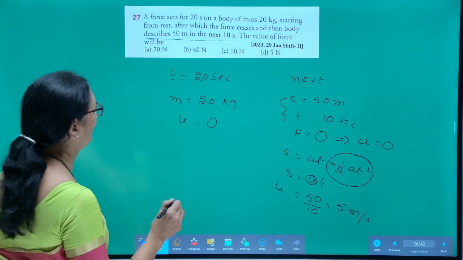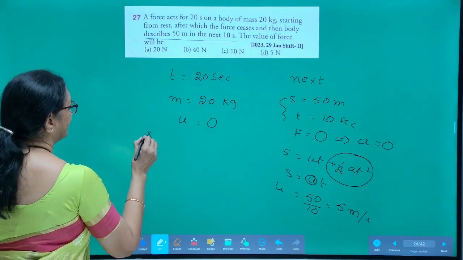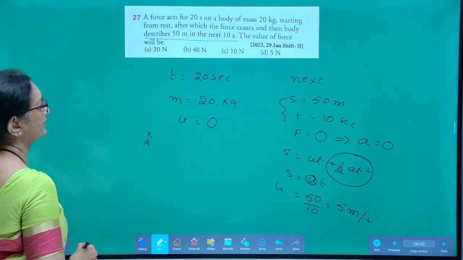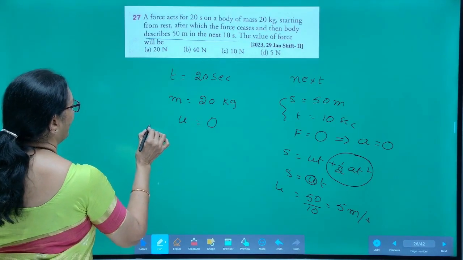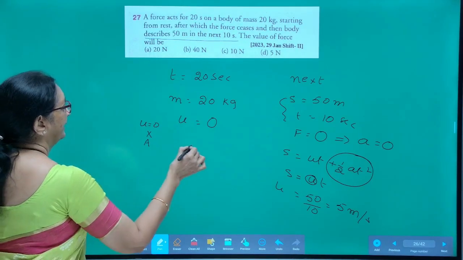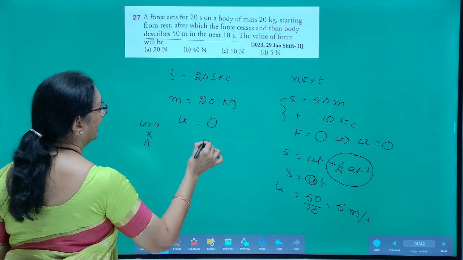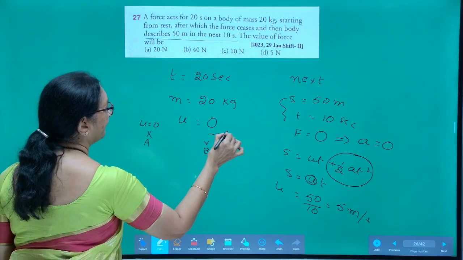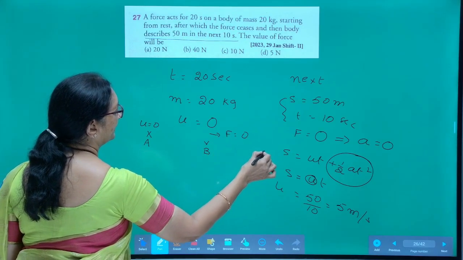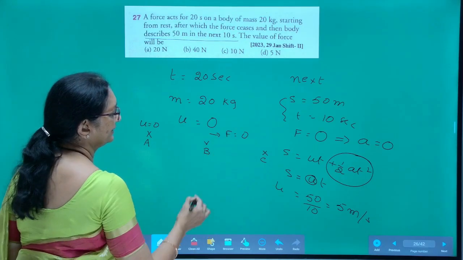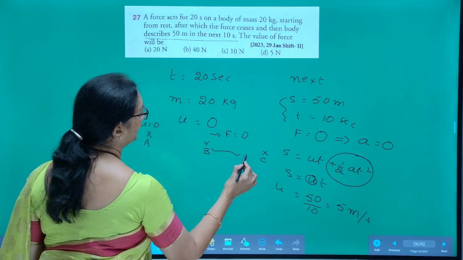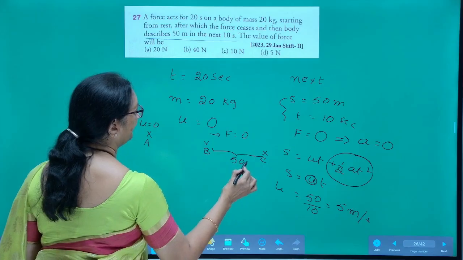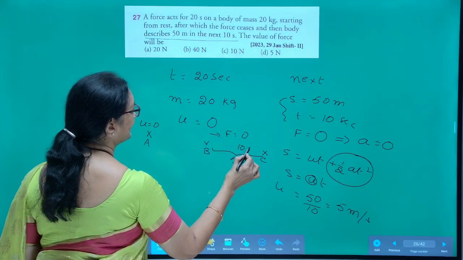Follow this very carefully. Let A be the initial point where the velocity is 0. B be the point beyond which force is equal to 0. C is the point for which it has moved through a distance of 50 meters in 10 seconds.